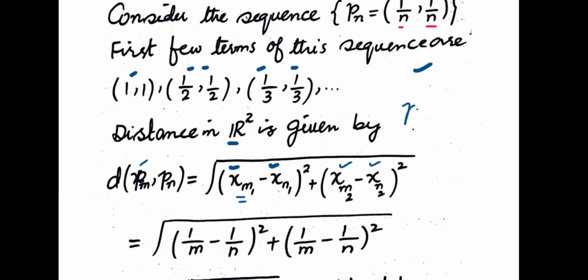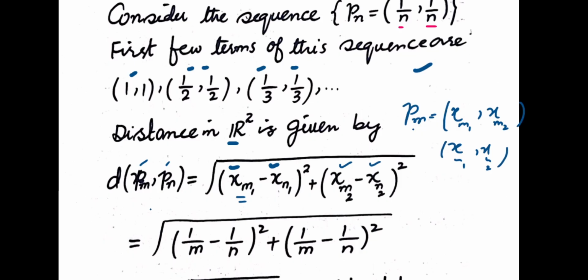In other words, your pm is (xm1, xm2), the first coordinate and the second coordinate. Similarly, pn can be defined as (xn1, xn2).